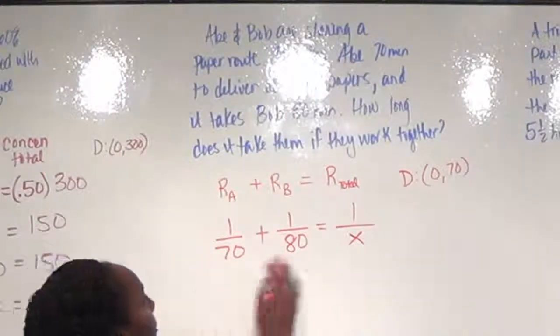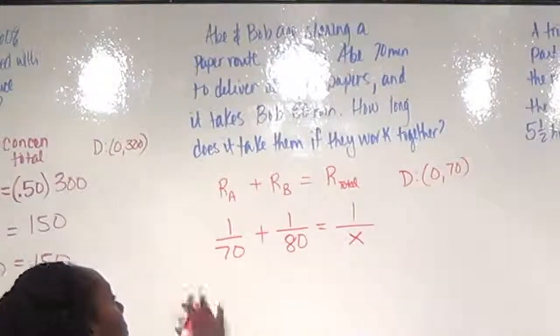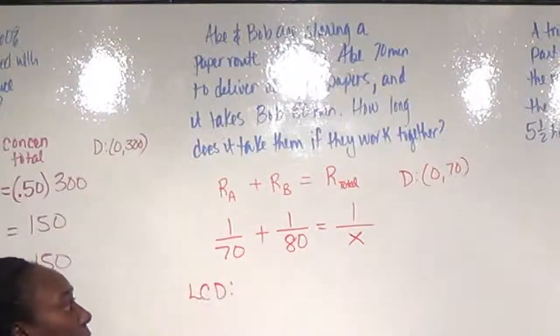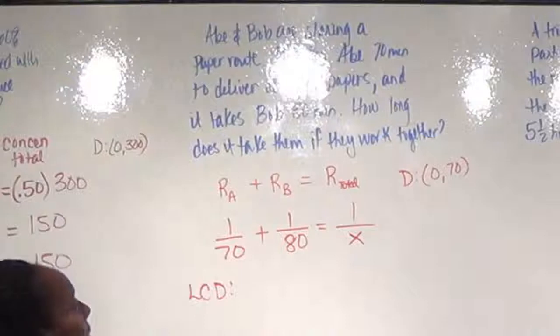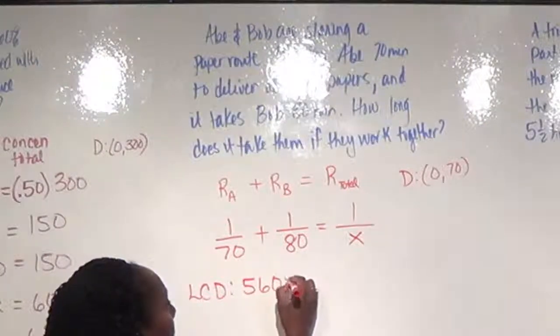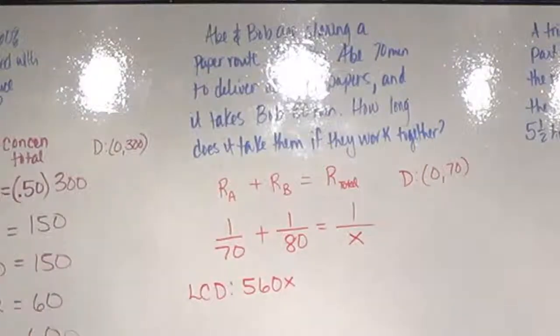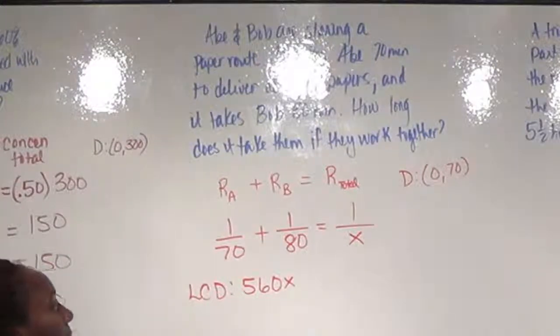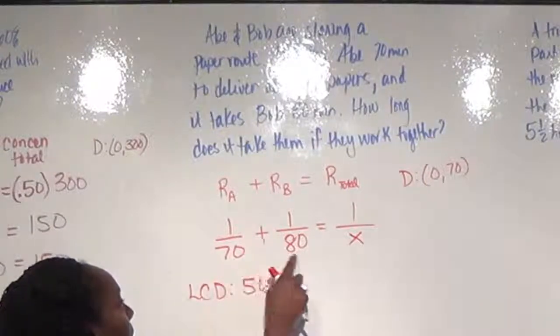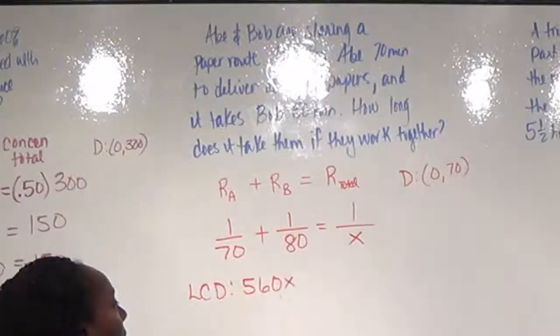Okay? So here, to solve, well, we look at this and we've got a rational equation, so I'm going to need an LCD, which in this case looks like 560x. Okay, so I think common denominator here would be 560. We need the variable.